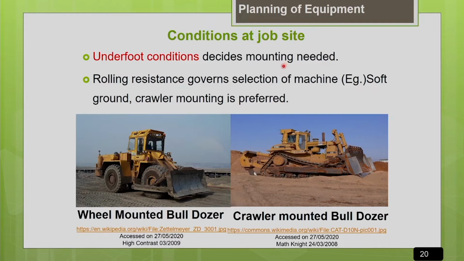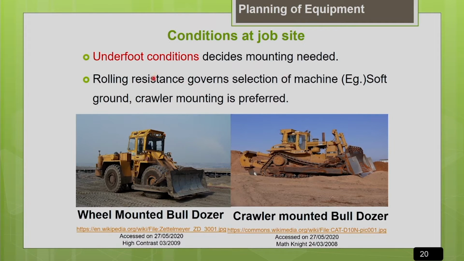If the terrain is going to be very rocky or very sandy, it is not possible for us to go for a wheel type or rubber tire mounted machine. We have to go for crawler type or track type, which will have a broader contact area, better traction, and better stability. So in poor underfoot conditions, people prefer crawler mounted machines because they give better traction and stability. So the underfoot condition is going to decide the mounting of the machine.